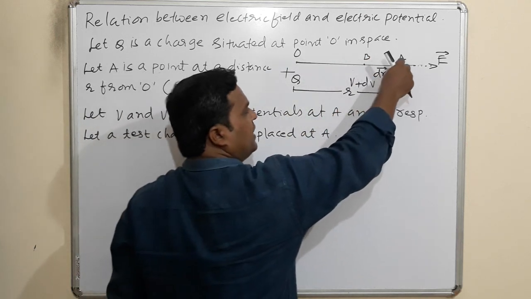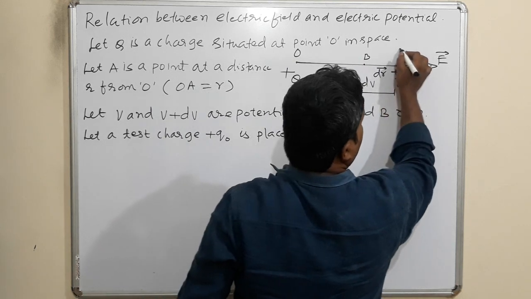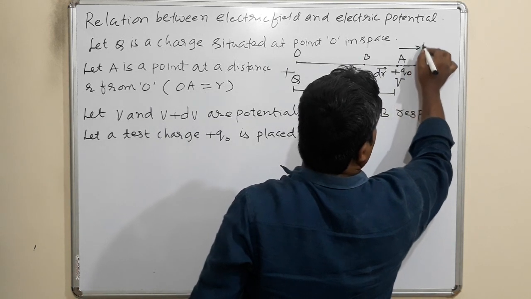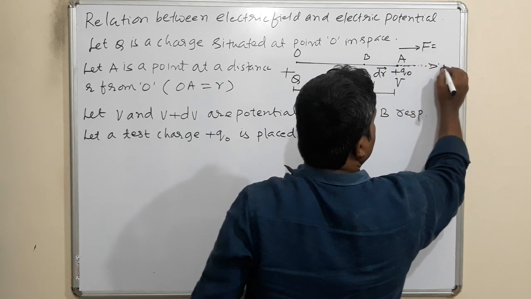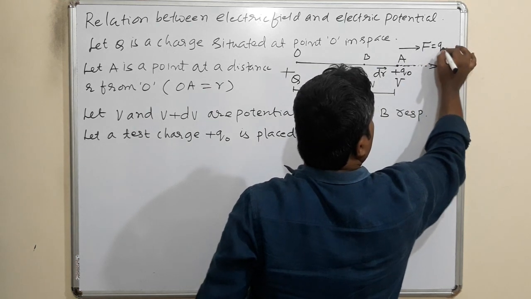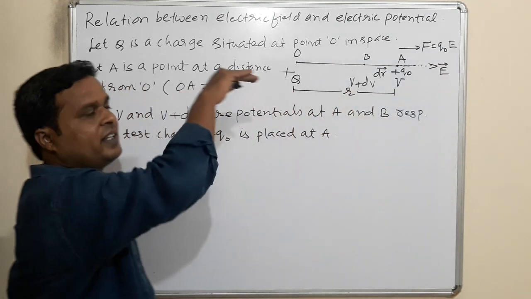Since electric field is E, I am considering at this point, the test charge will experience a force in this direction, and that force is given by Q naught into E. This is the force experienced by the test charge.